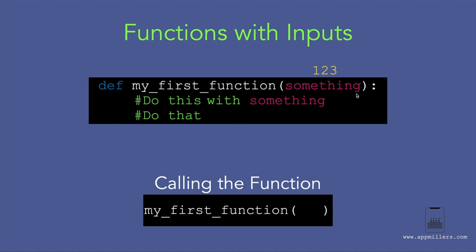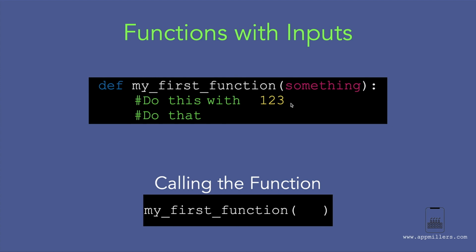So now, effectively inside this function, which is my first function, we have a variable called something that is equal to 1, 2, 3. And it can be used inside the block of code to do something with this piece of data. So instead of something, if we call our function with 1, 2, 3, it's going to do this thing with 1, 2, 3.